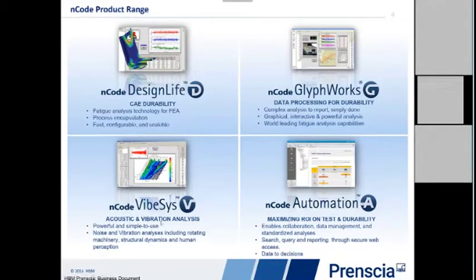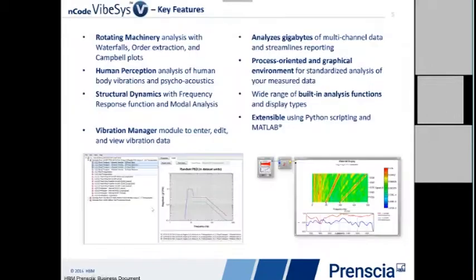A few features of VibeSys. VibeSys has capabilities for rotating machinery analysis. In other words, waterfalls and extracting orders in time or frequency domain, displaying them with fancy color plots, color maps, or Campbell plots.